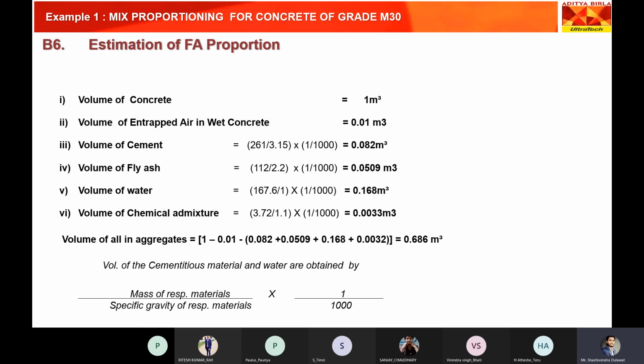Then the value comes to 0.686 meter cube. The volume of cementitious material and water is obtained by mass of the respective material upon 1000. This is the formula.